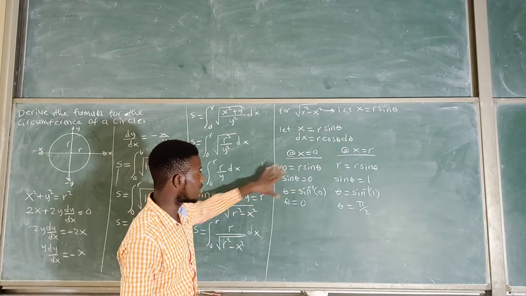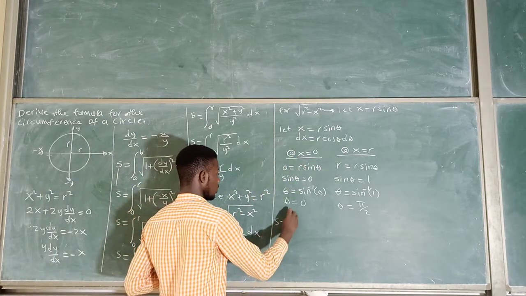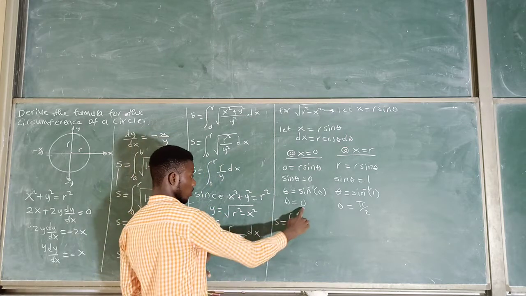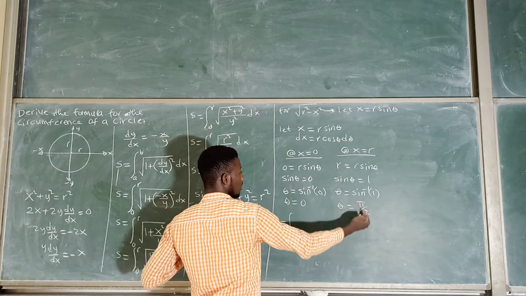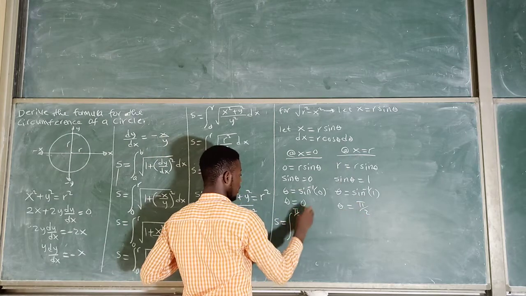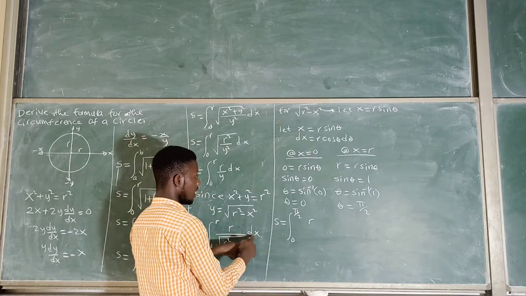So we have converted from x now to theta. So we have s now is equal to the integral from 0 to pi by 2 of r, this is just a number, dx.